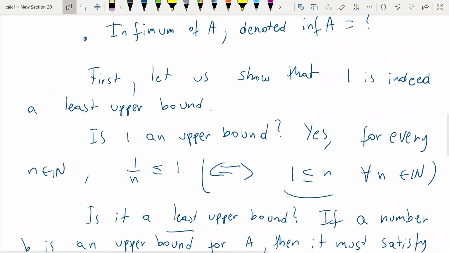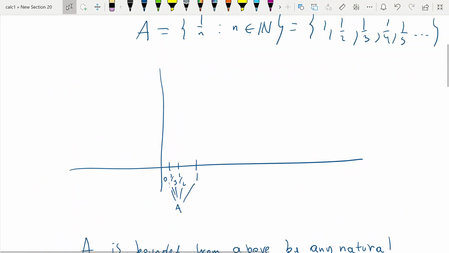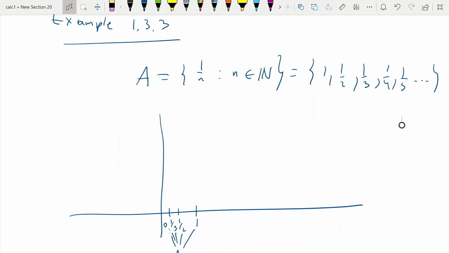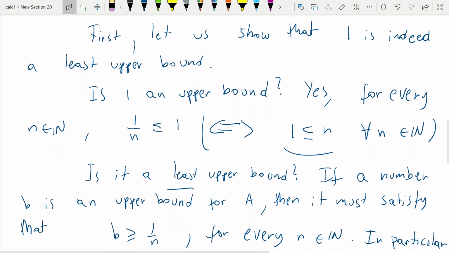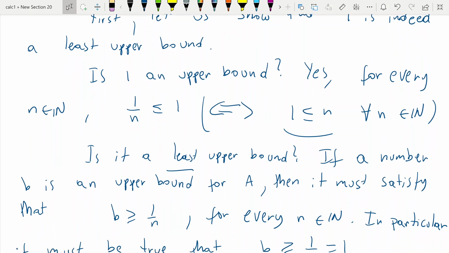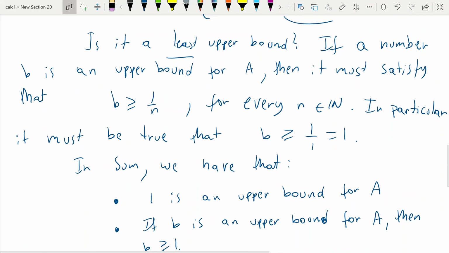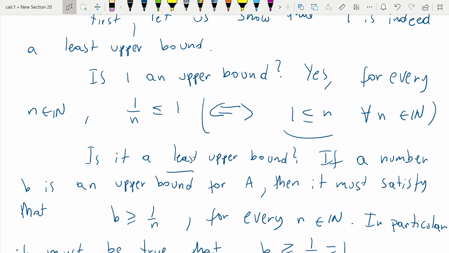So let's go back. We had the set A of all the numbers of the form 1 over n, where n was a natural number, and we were trying to show that 1 is the supremum, or the least upper bound. We first showed that 1 was an upper bound. This is what we proved in here.